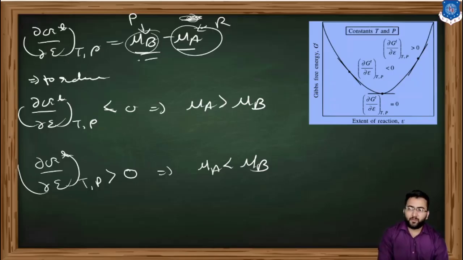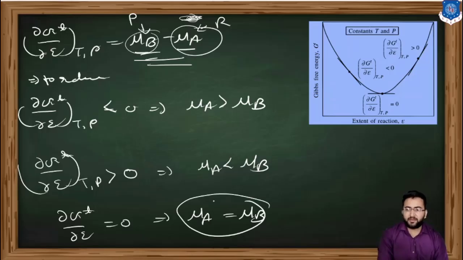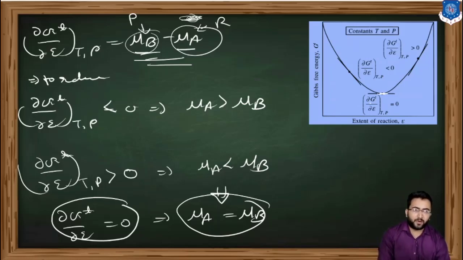But if both values are the same, which means chemical equilibrium, then del Gt upon del epsilon is equal to 0 when mu A is equal to mu B. So when the chemical potential is equal for each component, the Gibbs free energy is at its minimum. When the Gibbs free energy is minimum, the ratio del Gt upon del epsilon becomes 0. So at this point, the Gibbs free energy is the minimum.